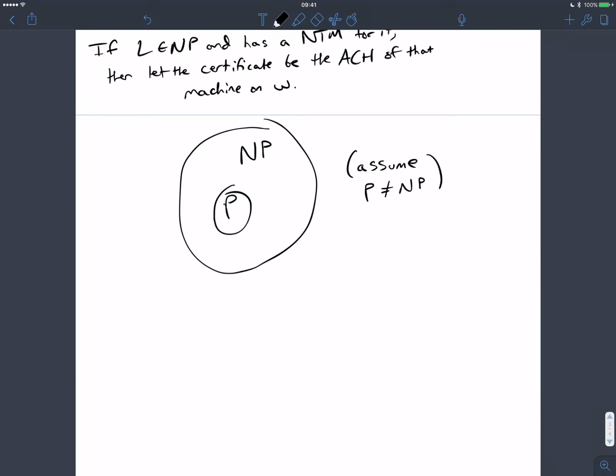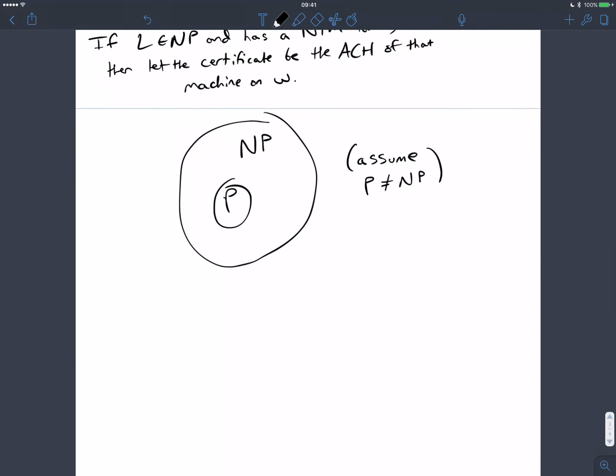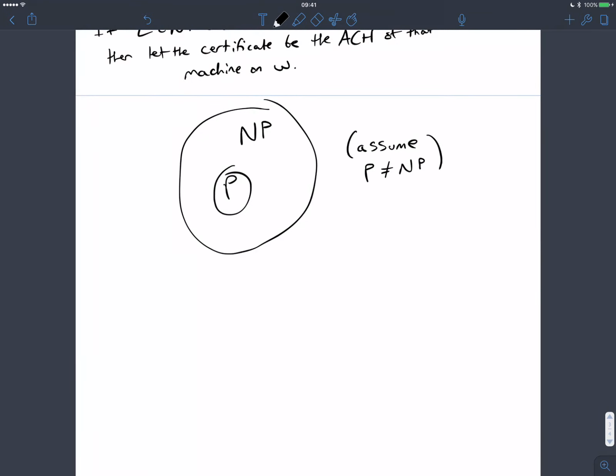Most people believe it is, including myself, and you should too, at least until after the final. But we're going to assume P is not equal to NP unless I tell you otherwise. We're going to think of P as being efficient algorithms. So if you have an n to the 100 algorithm for some problem, we're going to think of that as efficient.